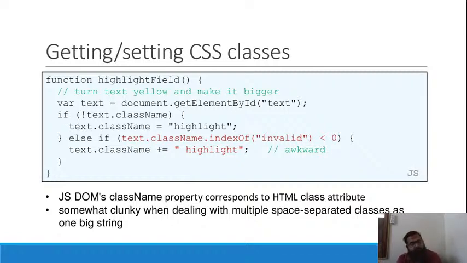The idea is that you try to get the class name of a particular element by ID, which has the ID text, and you check whether it has any class name. If it has a class name, you go to the else part; if you do not have a class name, then you go to the if part, and then do the particular thing.